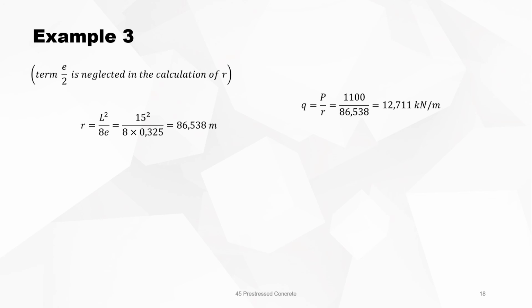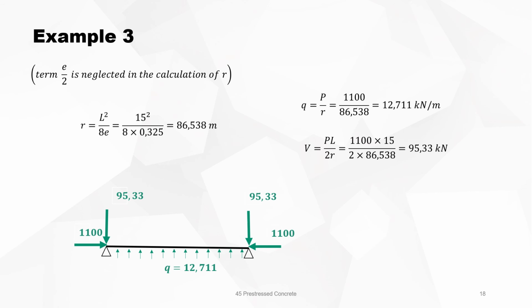And the uniform distributed load is then equal to 12.7 kilonewton per meter. The shear force at the support is then 95 kilonewton, and then we get not the shear force at the support, but the vertical load at the support to make the equilibrium, which is then 95.33. So this is now the equivalent system of the pre-stressing case.